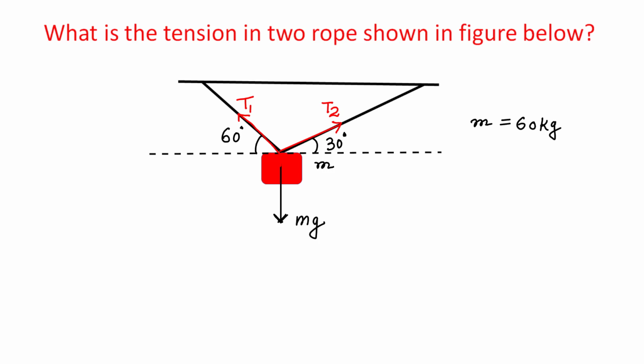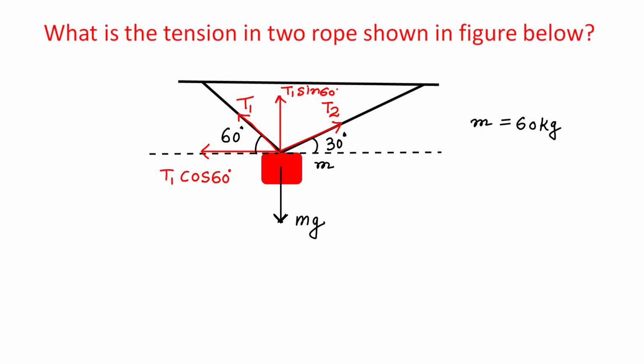Now the component of this tension T1 in this direction is T1 cos theta, and theta in this case is 60 degree, and in the vertical direction the component will be T1 sin 60 degree.